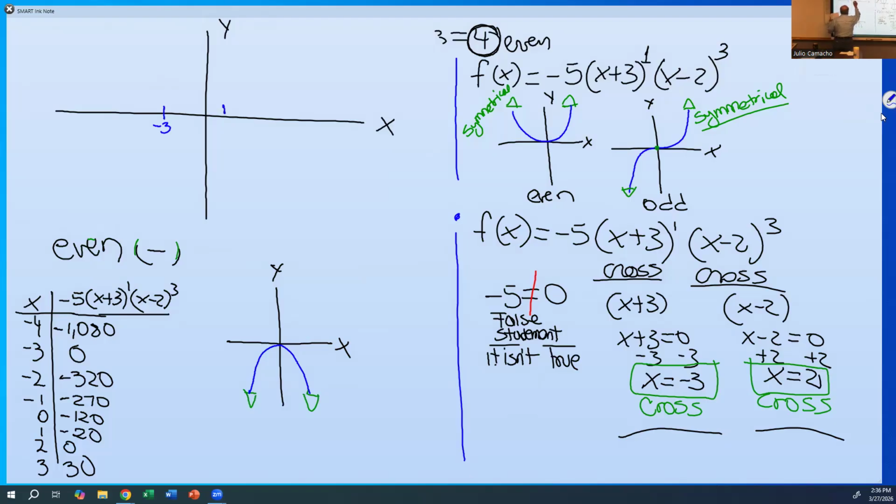That is my 1. And I'll put -20 here. And then I have my 2, 0. Also, I have my point at -3, 0.